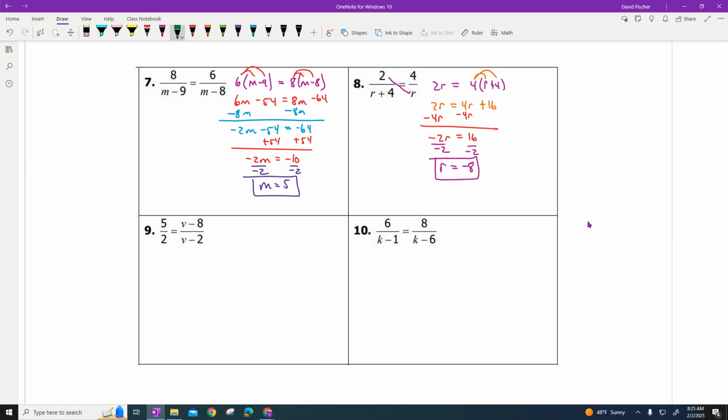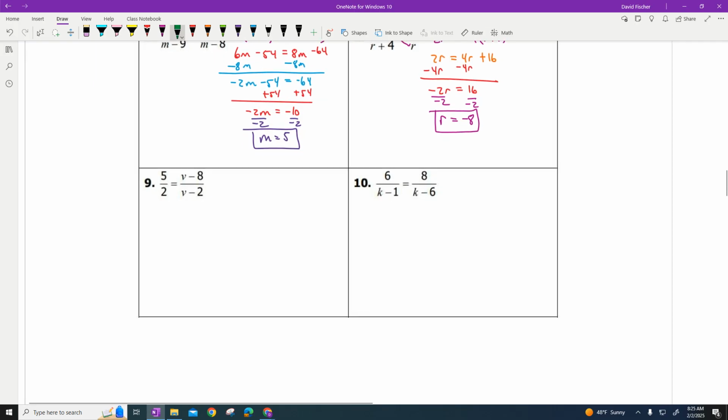If you're listening, try to box your answers because when I'm grading lots of papers, I just want to see where your answer is. So that helps me grade quickly.